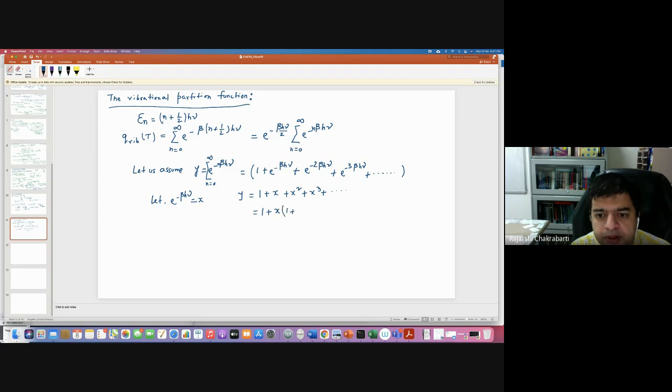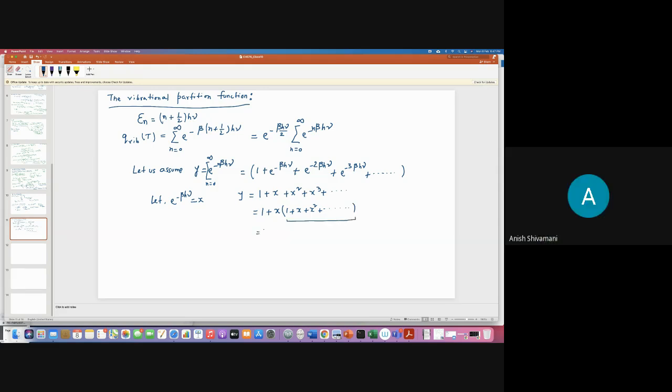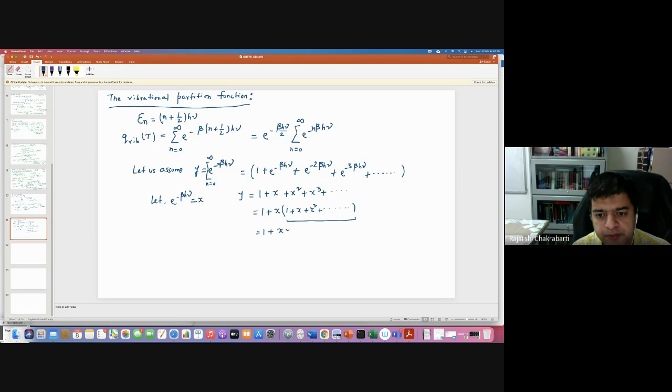It will give me 1 plus x plus x square like this, isn't it? And what is this? This is actually x times y. This basically tells you, take this on the other side. If I take y common, it is y times 1 minus x is equal to 1. This also tells you that y is equal to 1 by 1 minus x.